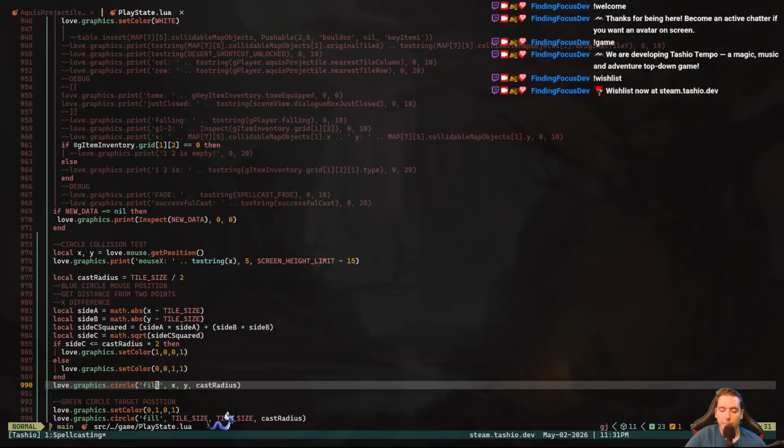Right, like there could be a bunch of entities, so every frame we need to be able to say, if we're aqueous casting, then let's go ahead and run the collision check.